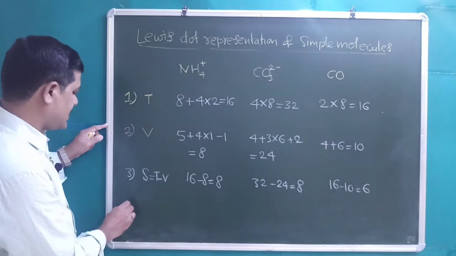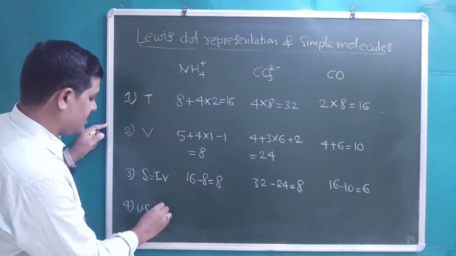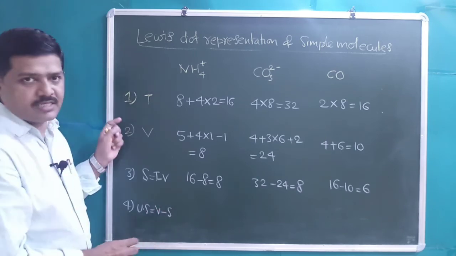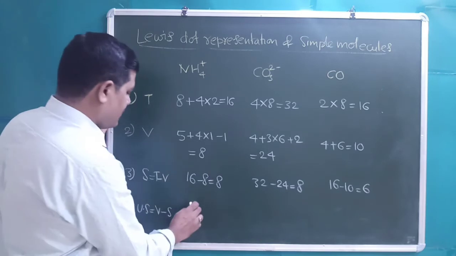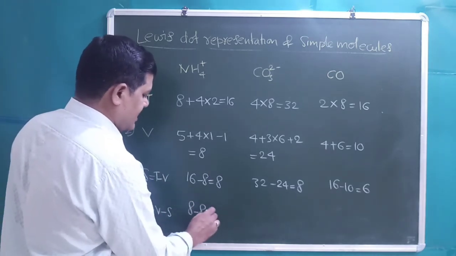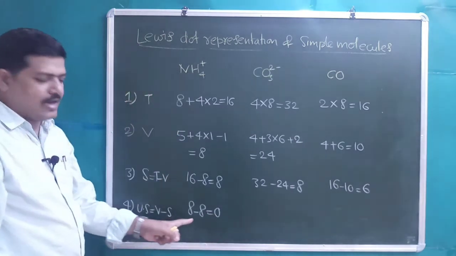So unshared electrons is equal to the number of valence electrons minus shared electrons. For NH4 plus, the number of valence electrons is 8, shared electrons are 8, 8 minus 8 is 0. That means in NH4 plus there are no unshared electrons.